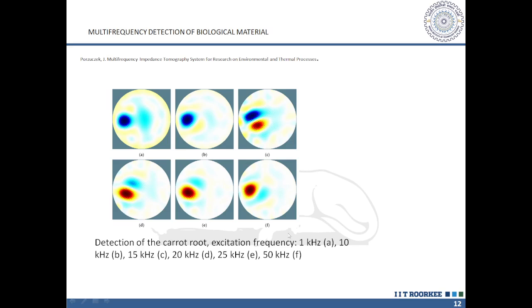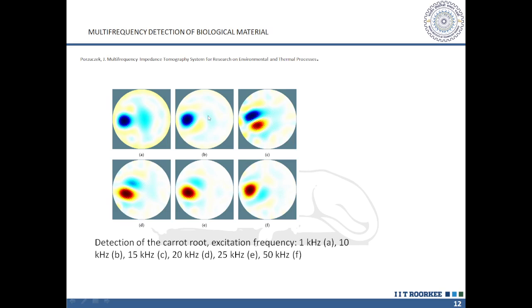In diagram A, I applied 1 kilohertz frequency of applied input current. So we are getting this type of image. Then if it slightly increases, then B type of image, and there is less shadow. This all depends upon why we are changing; I will tell you after this slide.